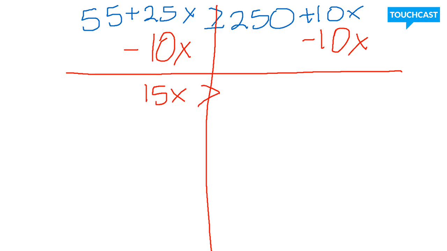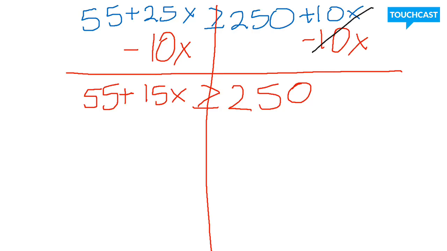Go ahead and bring down everything else that you didn't mess with. So I'm going to bring down that 250 and bring down that 55 over here. There's a plus sign there. Okay, I see that this canceled out, so go ahead and do that. So now we're left with 55 plus 15x is greater than or equal to 250.